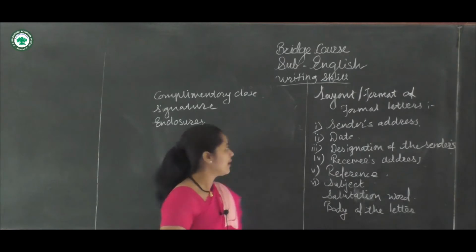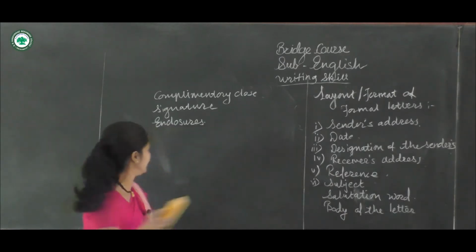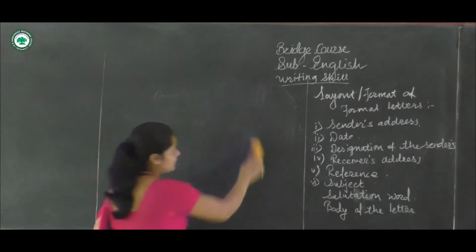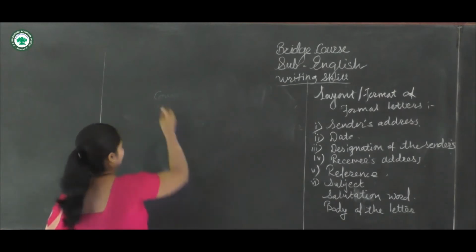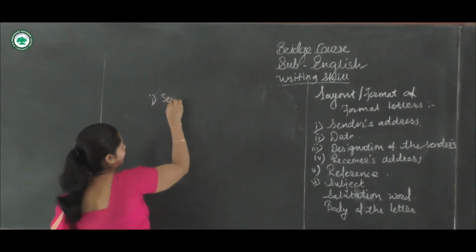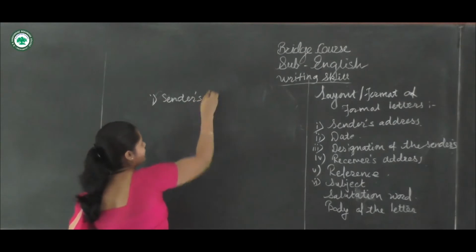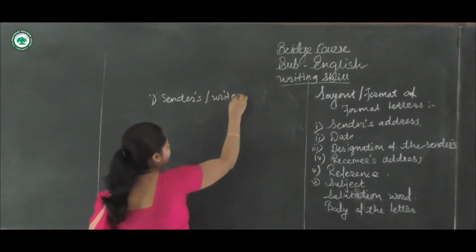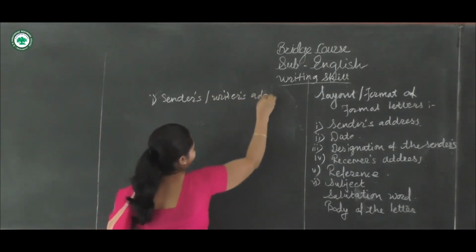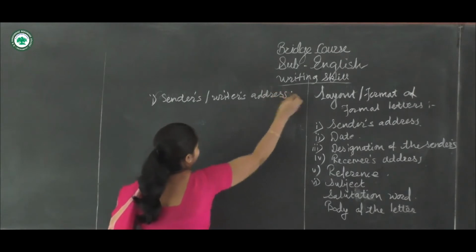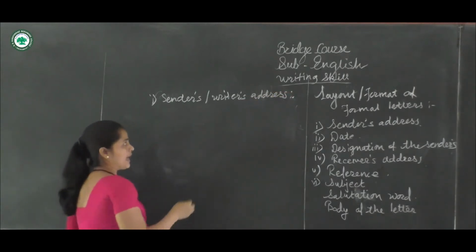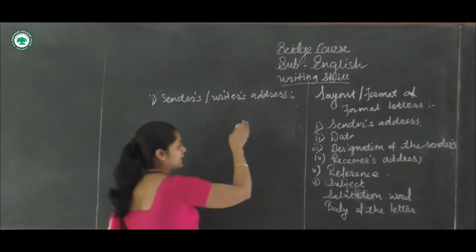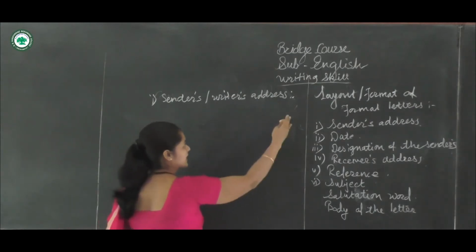Earlier what happened? At this side we had to write the sender's or writer's address. At an earlier time we used to write it at the right side. It's also correct.